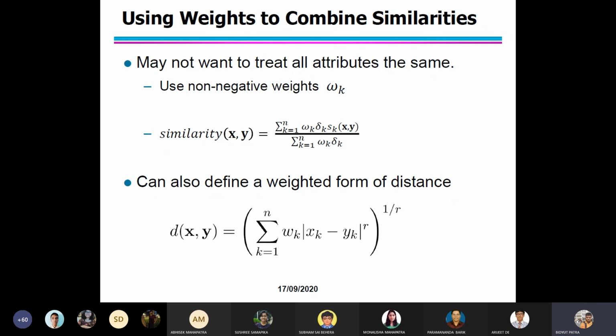Let's say when we compare two students, how close the two students are, very often we compare the grades between these two students. There may be other aspects, like extracurricular activities between them, but we don't consider them much.